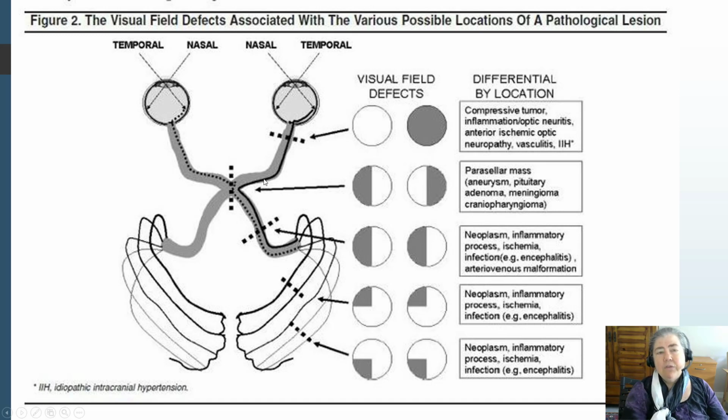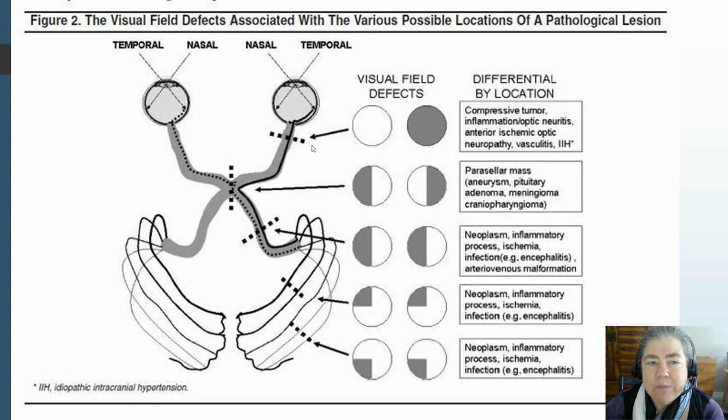Okay, and here we have some different kinds of causes of those sorts of lesions. So for instance, and again, you remember that what is internal to the visual field gets projected to the temporal side of the retina.